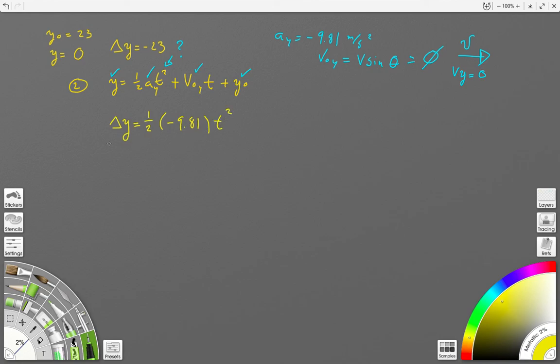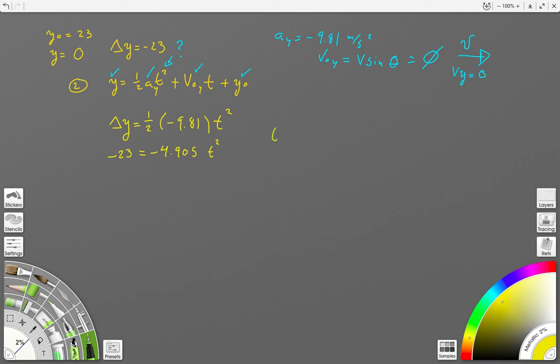Okay, so now we know that negative 23 is equal to minus 4.905 times t squared. This is our only unknown right now. The time it takes for my projectile to fall from 23 to 0, without an initial velocity. This is what this time means.